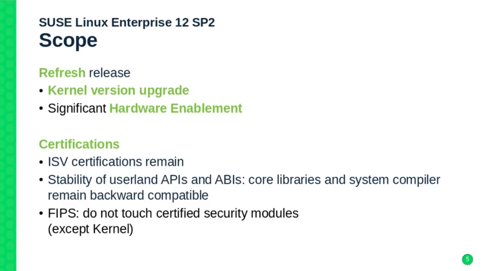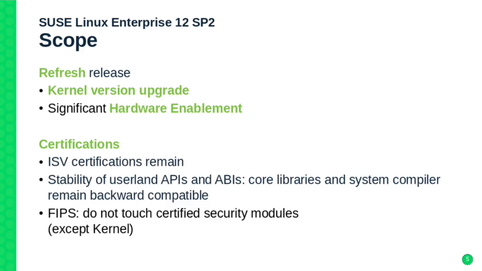What does this mean? Consolidation means for us, we reduce the amount of new features, we keep the changes simple, and we add only a few selected features. Because without features, life for engineers would be boring. A refresh release is different.